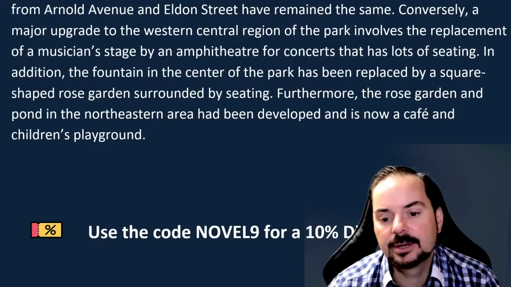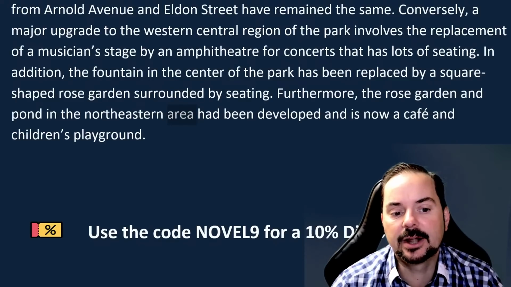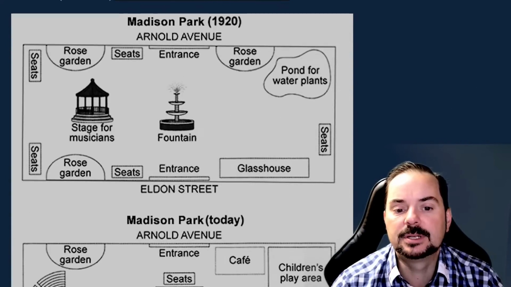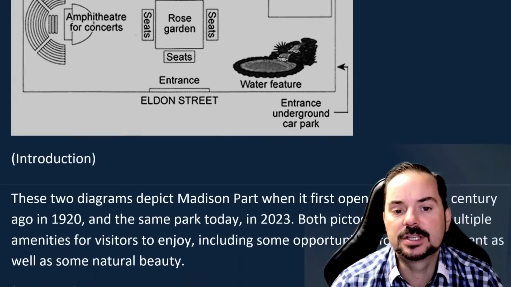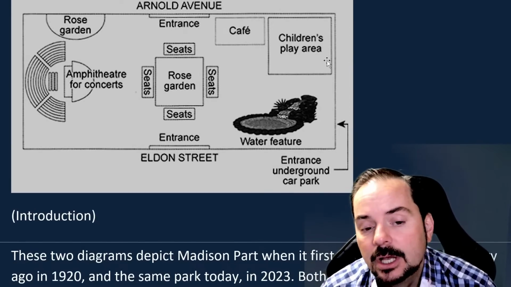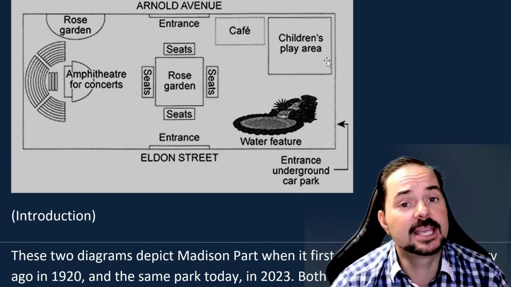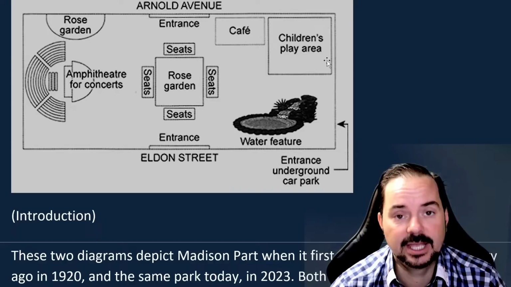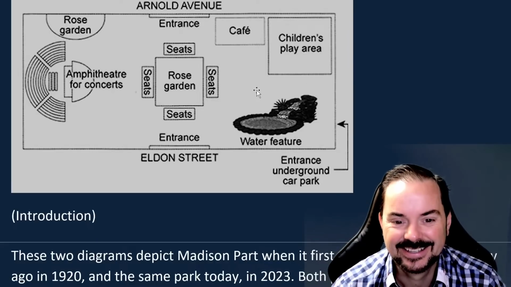Instead of play area, I'm going to say playground because I use the word area here. So I'm always looking to avoid word repetition. So even though here it says children's play area, I'm going to call it a children's playground. A play area and a playground are the same. It doesn't have to have structures to be called a playground. If it's used by children for playing, it's a playground. Okay. All right.